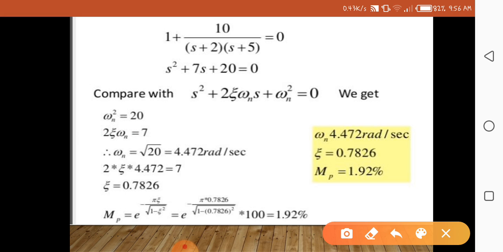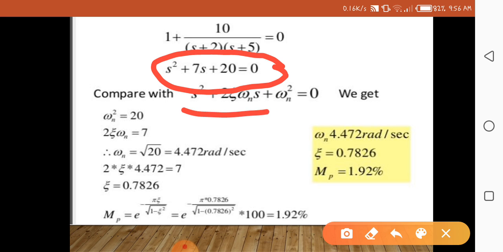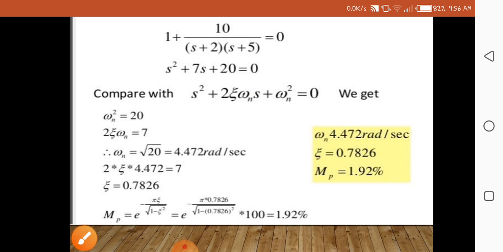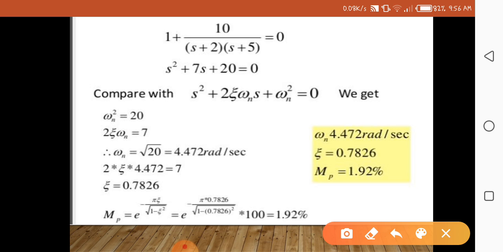After putting in the values, we obtain the characteristic equation s square plus 7s plus 20 equal to 0. Now this equation is compared with the second order system characteristic equation. After comparing, omega n square is equal to 20 and 2 zeta omega n is equal to 7.